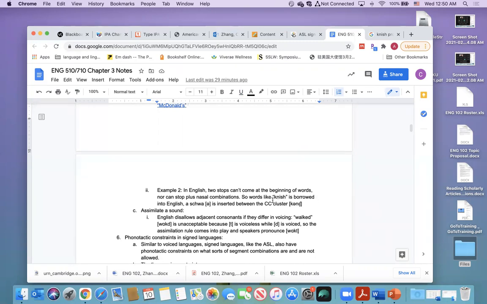So with words like this, I can't really pronounce the word as it was originally. When words like this are borrowed into English, a schwa is usually inserted between the consonant cluster, so it's pronounced like knish.